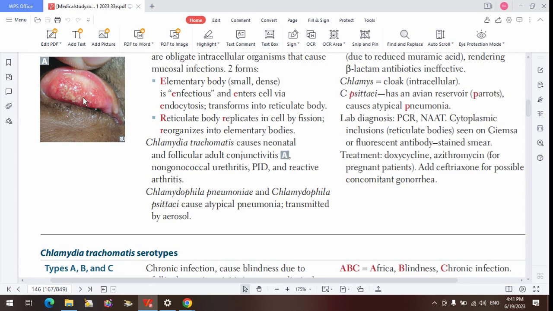You guys know that when we say conjunctivitis, that's the inflammation of the conjunctiva. The conjunctiva is two. We have the bulbar conjunctiva and the palpebral conjunctiva.